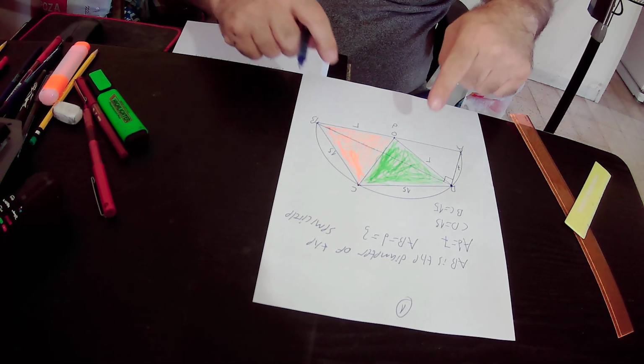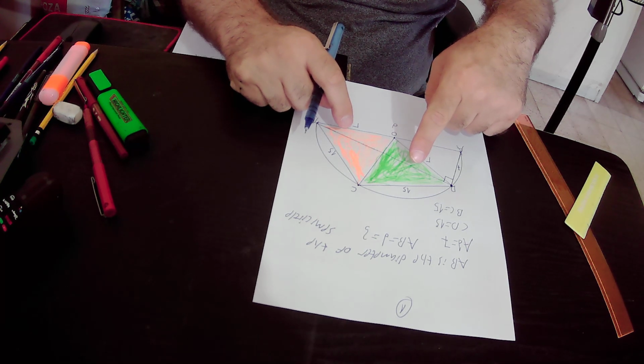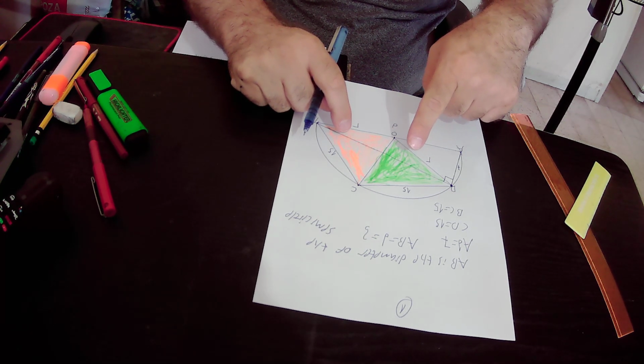Okay, so the green and the orange triangles are congruent to each other.